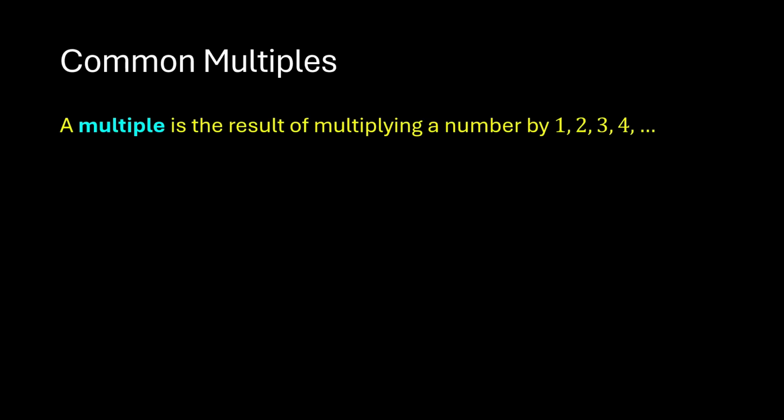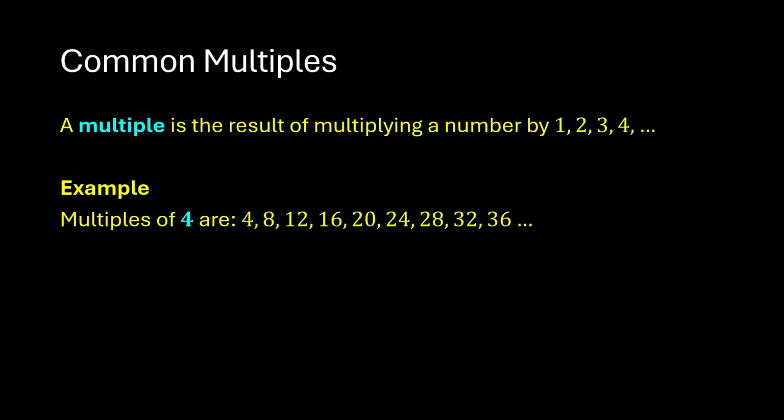We now take a look at what the lowest common multiple is. Before we do that, we must understand what common multiples are. So remember, as we said in the previous slides, a multiple is the result of multiplying a number by 1, 2, 3, 4, etc. For example, the multiples of 4 are 4, 8, 12, 16, 20, and so on.